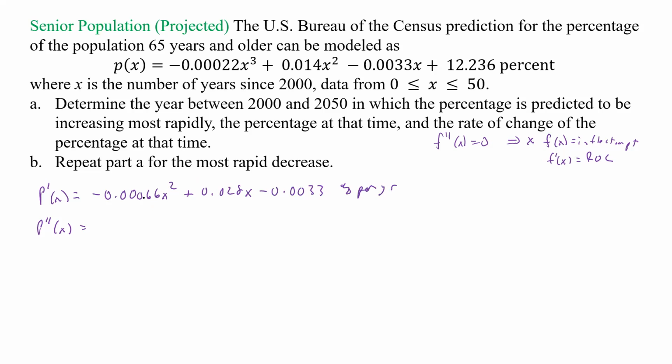Now, what we need to do is take the second derivative. So that's going to be minus 0.00132x plus 0.028. The x drops, we don't have that. And that's going to be percent per year per year.